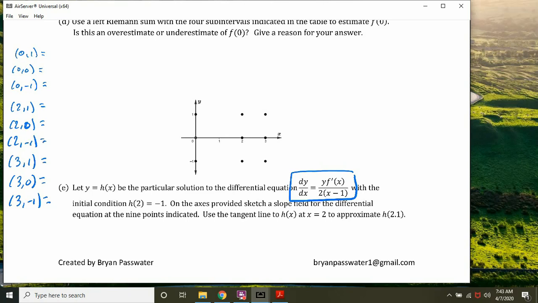Okay, so we got to figure out the slope at each of these points. So we're going to sub in for x and y here. So like 0, 1. Okay, subbing into dy dx. 1 for y, 0 for x.